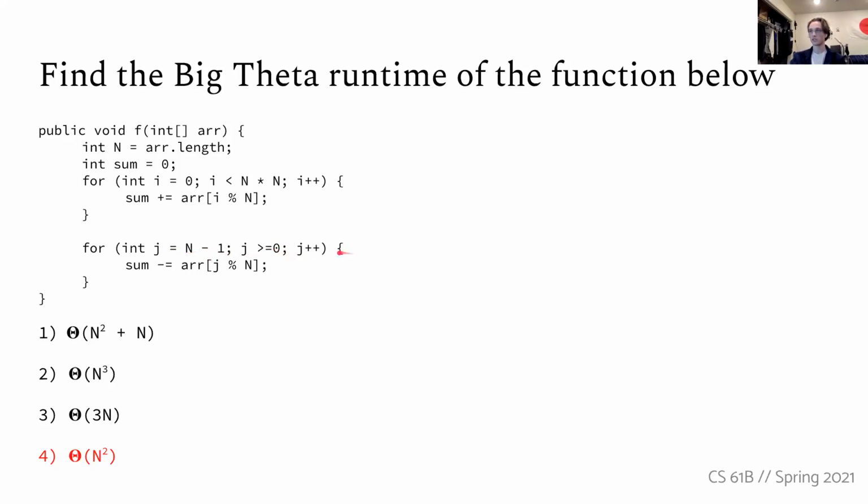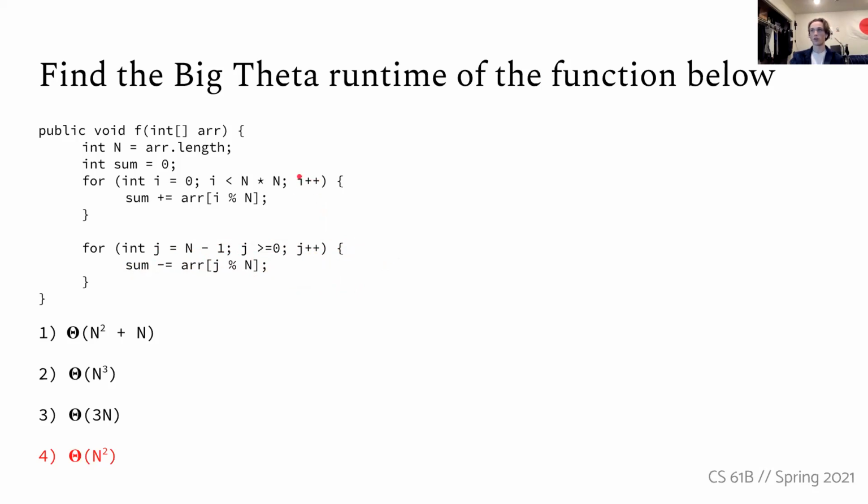But say this was j minus minus, then this would run n times because we start at n minus 1 and we go all the way to j equal to 0. And so this for loop does theta of n runs, and we do theta of 1 work for each time the for loop iterates. So we do theta of n work for the second for loop.